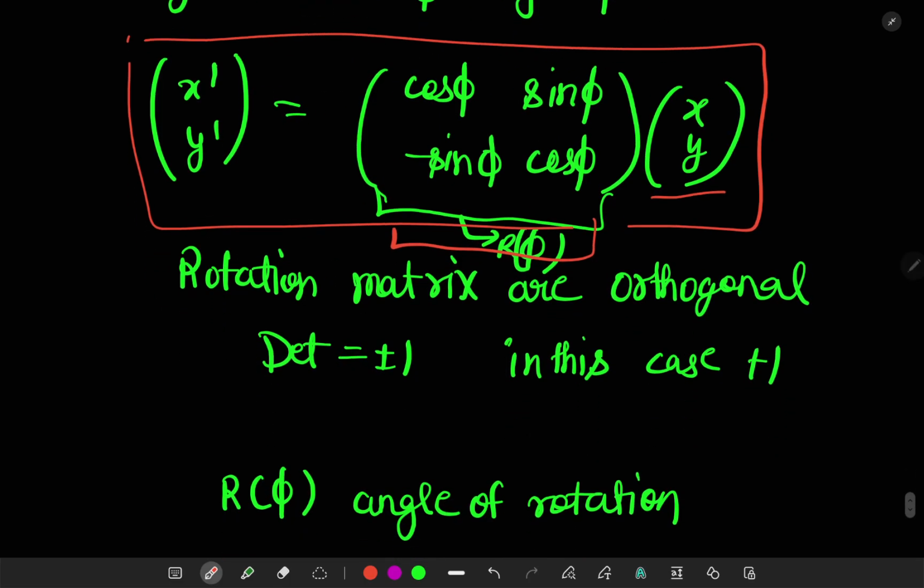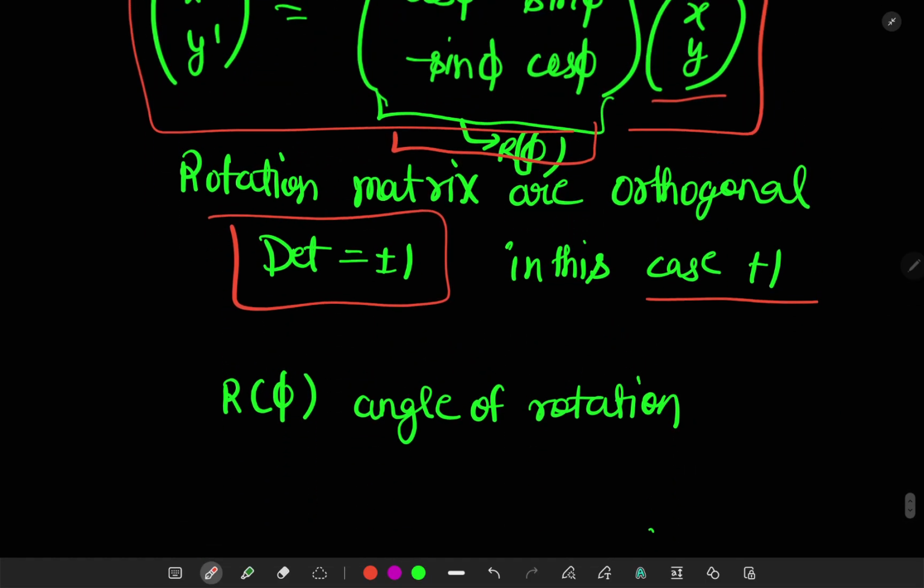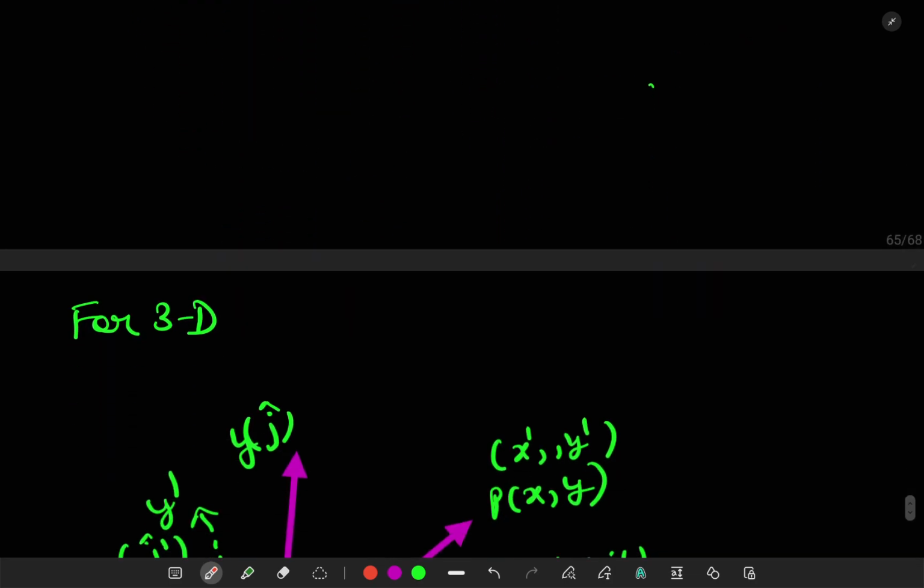Rotation matrices are orthogonal. That means they have determinant plus or minus 1, but in this case it is plus 1. R phi is called the angle of rotation.